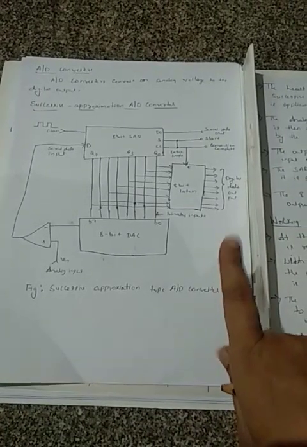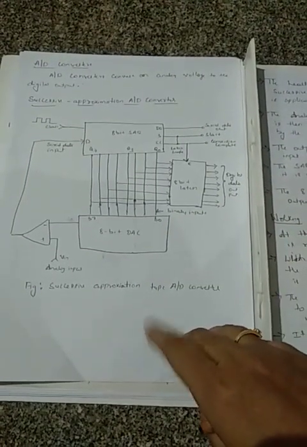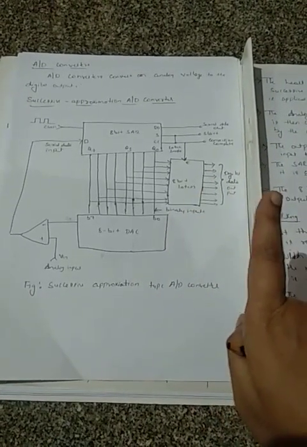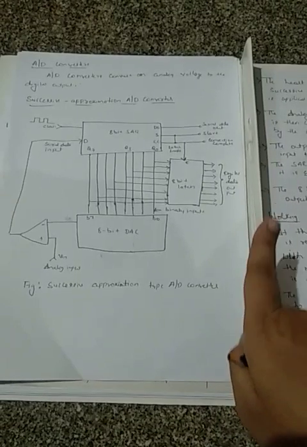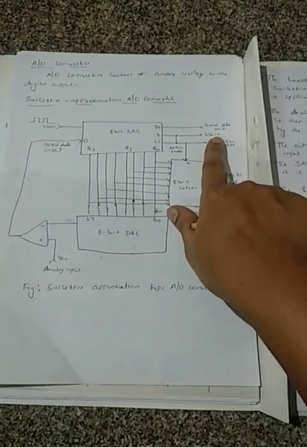At the start of the conversion cycle, that is converting the analog signal to a digital signal, the SAR is reset, that is all the registers of the SAR will hold 0 0 0 0 by holding the start signal high. So the start signal will be high.